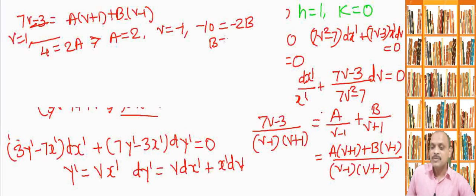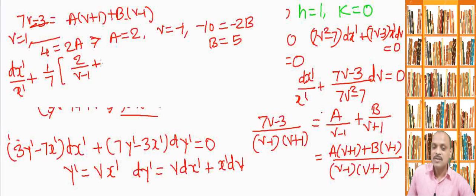So this term will be dx'/x' plus (1/7) into (2/(v − 1) plus 5/(v + 1)) dv equal to 0. Now friend, we arrive at a very simple integration.